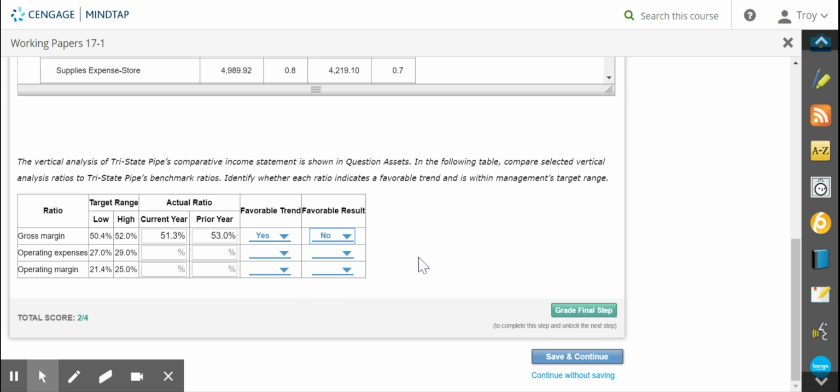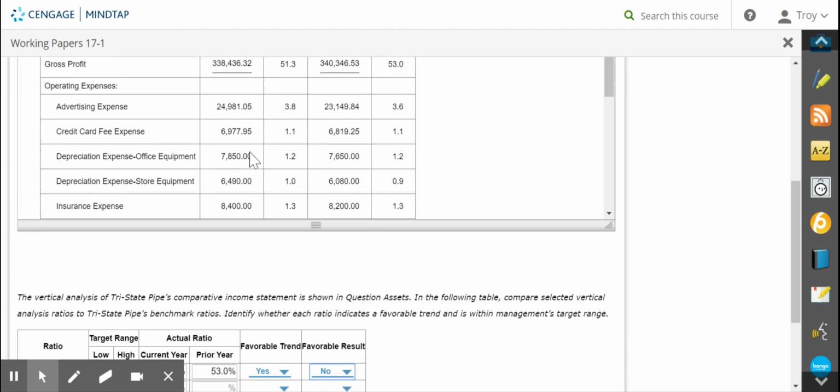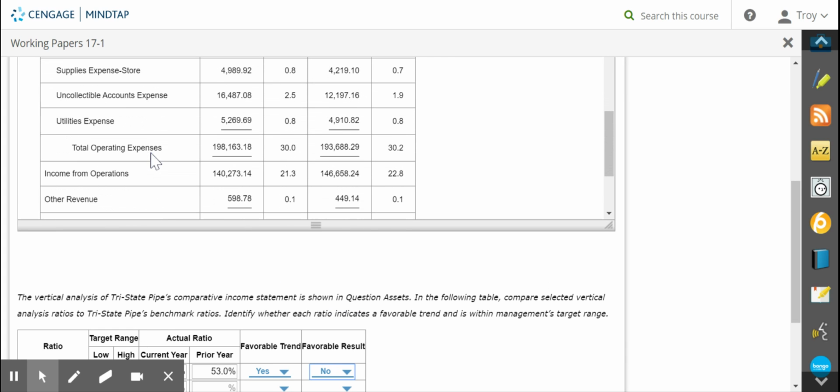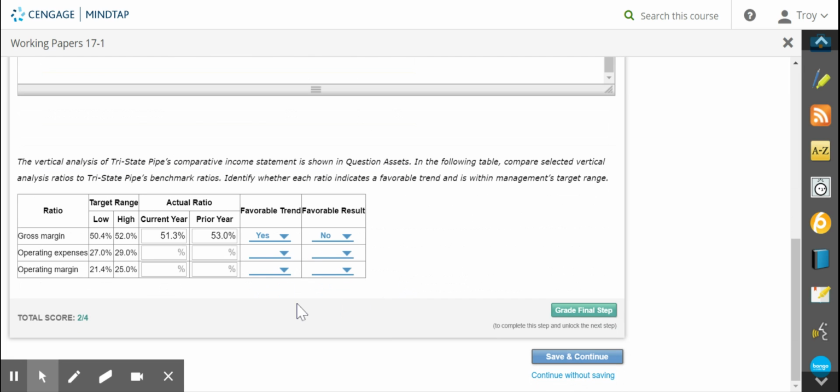Pretty simple. Operating expenses. So we're going to find the total operating expenses. So we're going to come down by the total. Boom, right there. 30 and 30.2. And you can see neither of those.